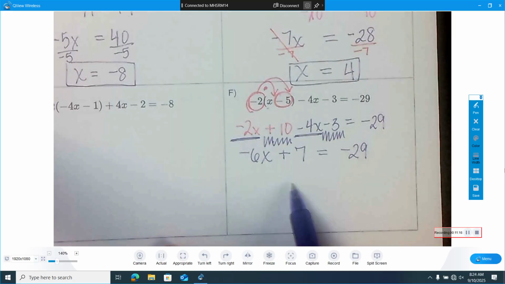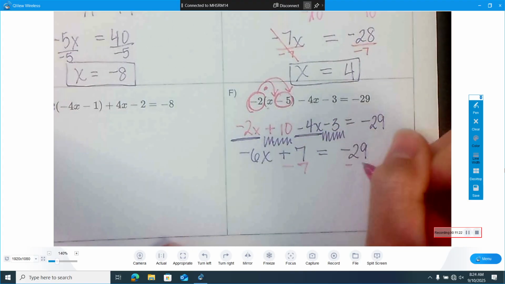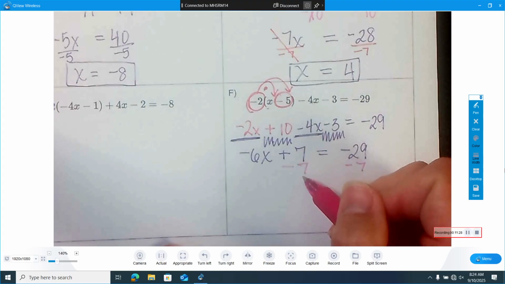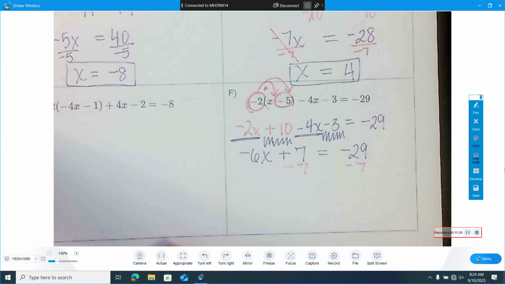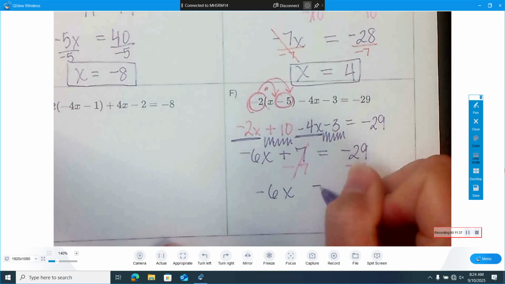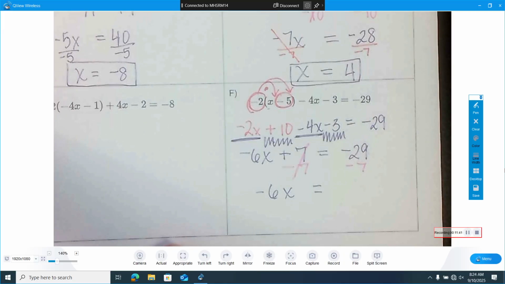Okay, from here, what do we do next? Good. Good. Subtract 7 from both sides. +7 and -7 is 0. That is called the additive inverse. We have -6x is equal to a whole lot of negatives. How many negatives do we have here? A lot. 36 negatives.